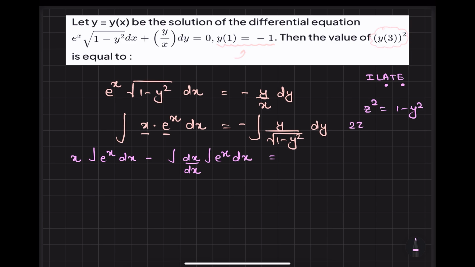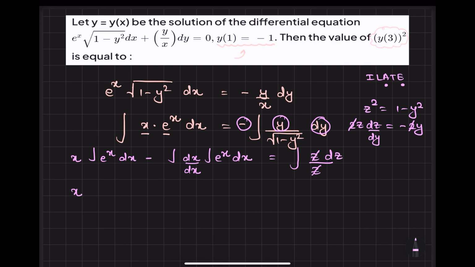So we have 2z dz by dy equals minus 2y. Now look at this. We have y, we have dy, and we have minus. And this 2 is gone. So can I write z dz upon, if you replace 1 minus y square with z square, you will be having z. So this thing is gone. Now let's do the integration.